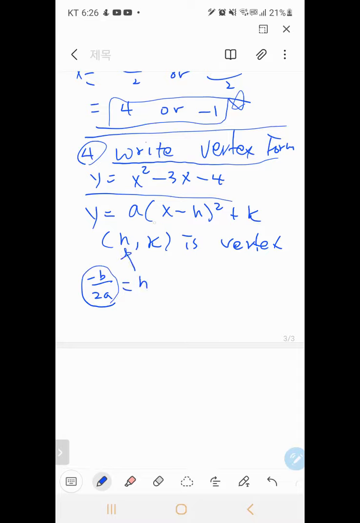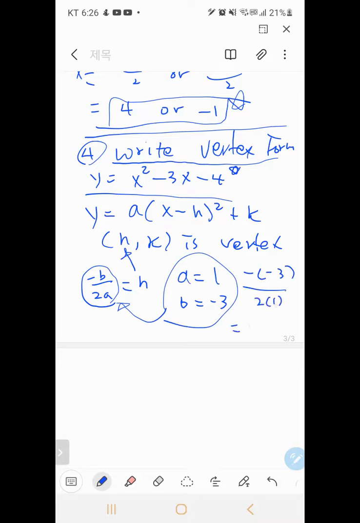Okay, so from the original equation we know a is 1 and b is minus 3, and that's all we need. Let's plug them into this formula, and that gives us minus 3 over 2 times 1, which is 3 over 2. So I know our vertex is 3 over 2 comma something, and to find this k value, all you have to do is plug it into the original equation, which is in standard form.